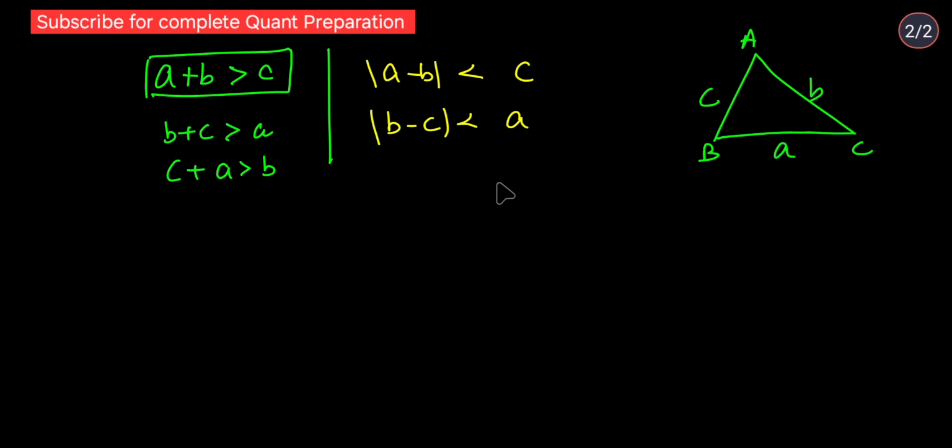So this is going to be C minus A should be less than B. So this we discussed in the previous class, right?